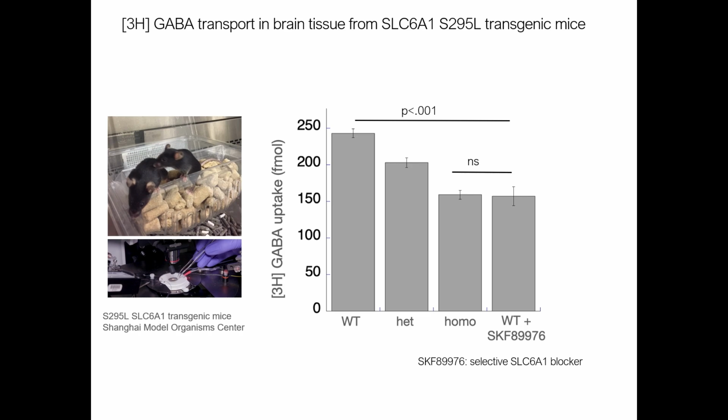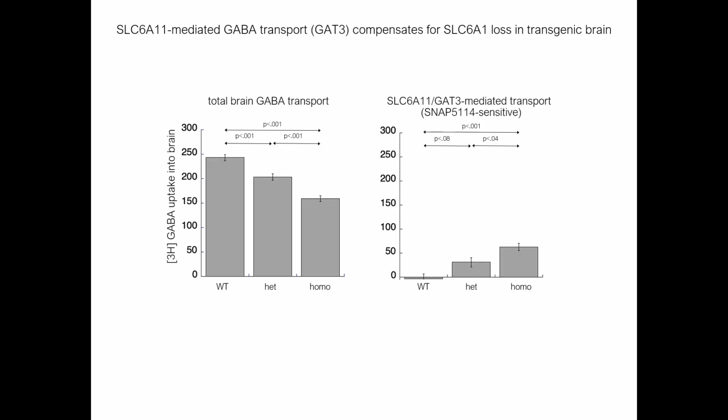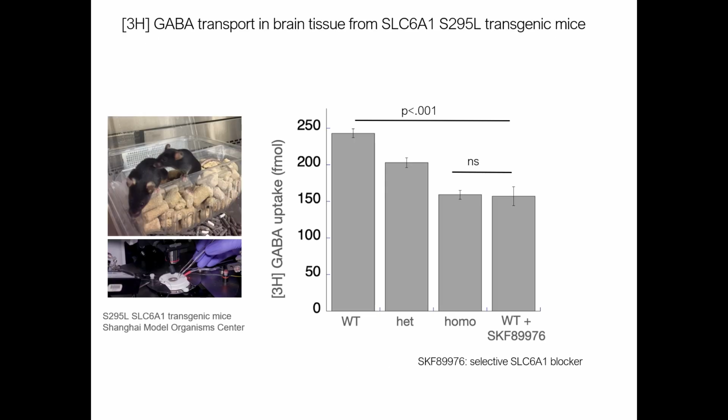When we look at the mouse model of this mutant, if you compare the amount of uptake in the wild type, the column on the left, the heterozygous mice have less uptake. This is an assay using radioactive GABA to study uptake of GABA into the brain. Homozygous mice have even less uptake.